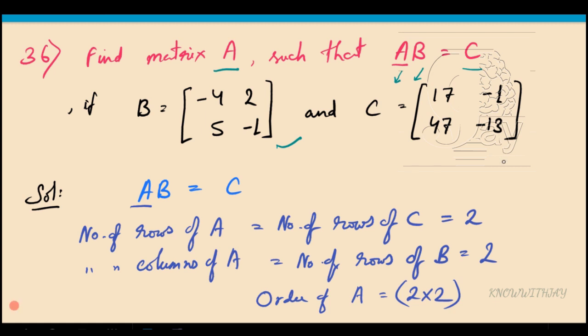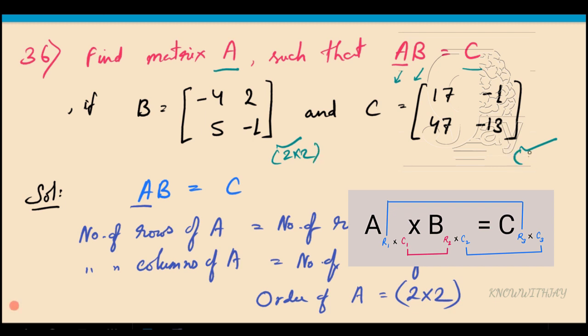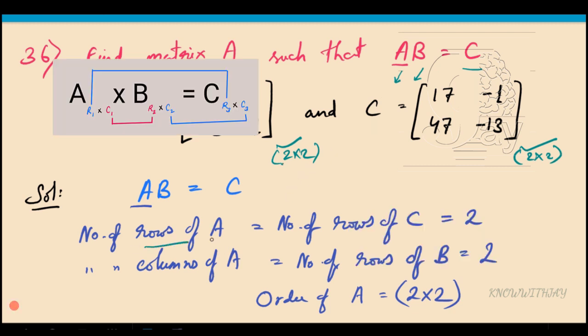So B is given and C is given. Order of B is 2 by 2 and C is also 2 by 2. Generally when you have a square matrix, all the matrices are of the same order. The number of rows of A should be equal to the number of rows of the product C, so that's 2.